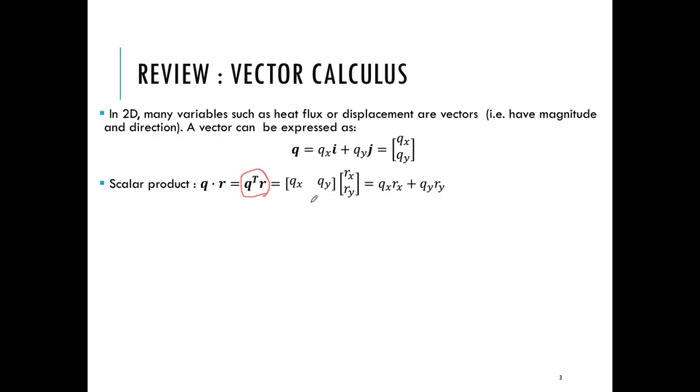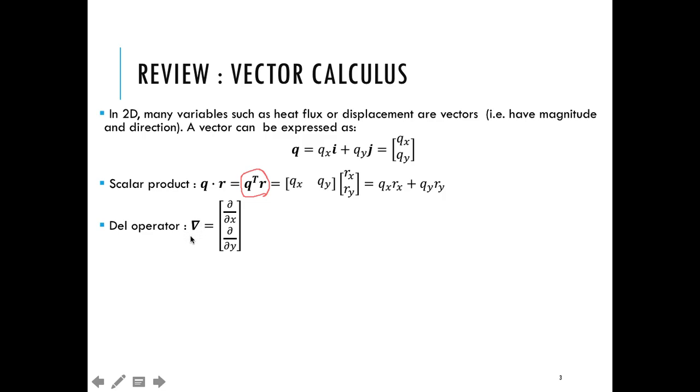Now, there is an interesting operator basically that will pop up again and again in our course, so it's worth mentioning it again. So there's the gradient operator or the del operator, जिसके अंदर basically we're finding the derivative of a given variable with respect to the x direction and with respect to the y direction separately.